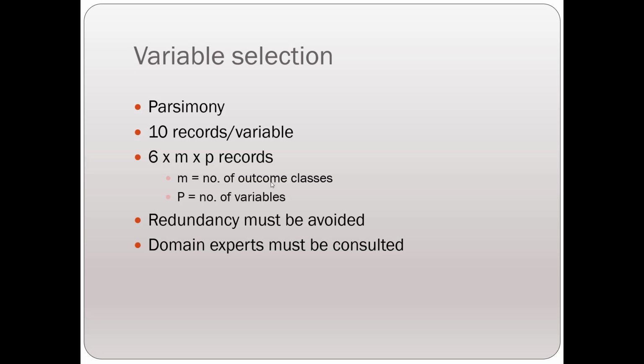So you need to reduce the number of variables, and there are some methodologies that you can use. Which variables are useful and which variables are not useful, you need to consult with the domain experts. Domain experts are the ones who will know which variables are valuable and which are not.